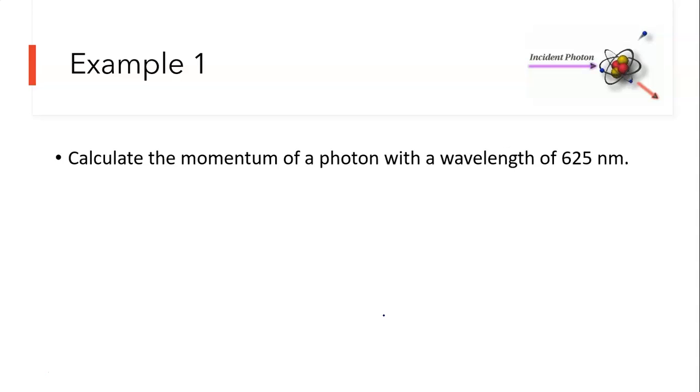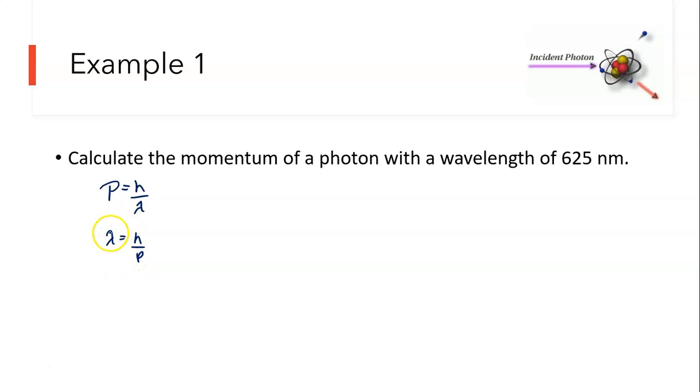So example number one, what is the momentum of a photon with a wavelength of 625 nanometers? Well, as we've just talked about on the last page, p is equal to h over wavelength.